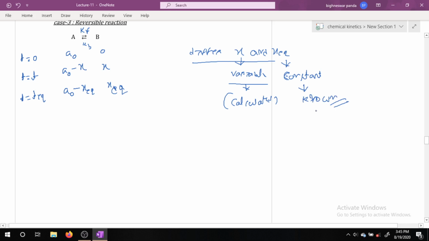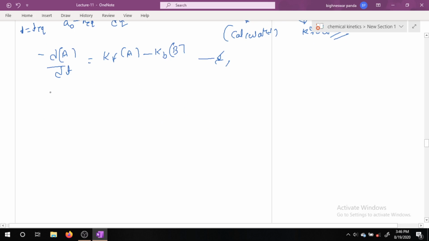So for a reversible reaction I can write minus dA by dt, and A is participating in two reactions, that is the forward and backward reaction, kf into A minus kb into B, and plus dB by dt equal to kf into A minus kb into B.